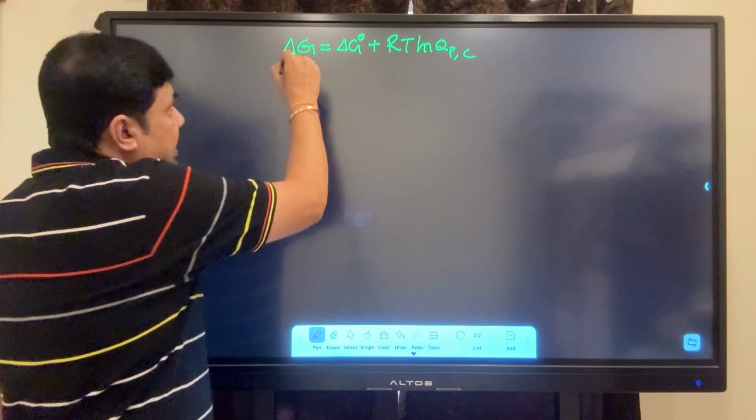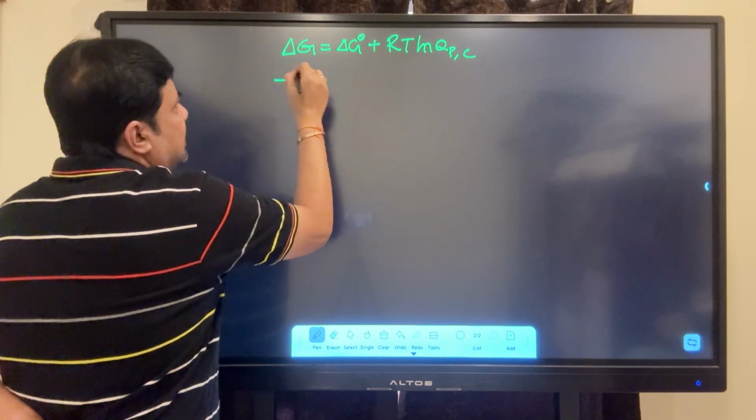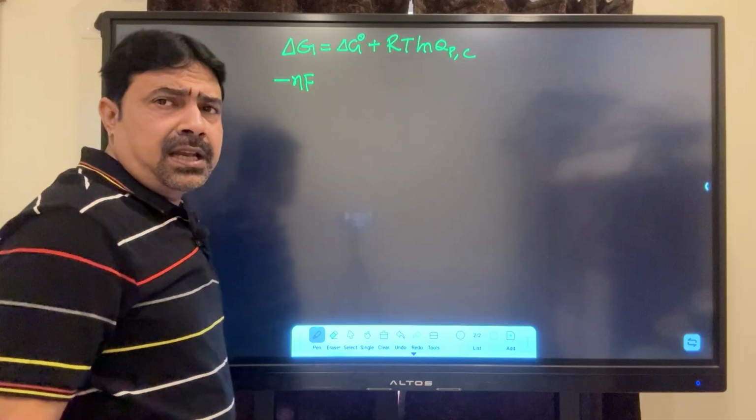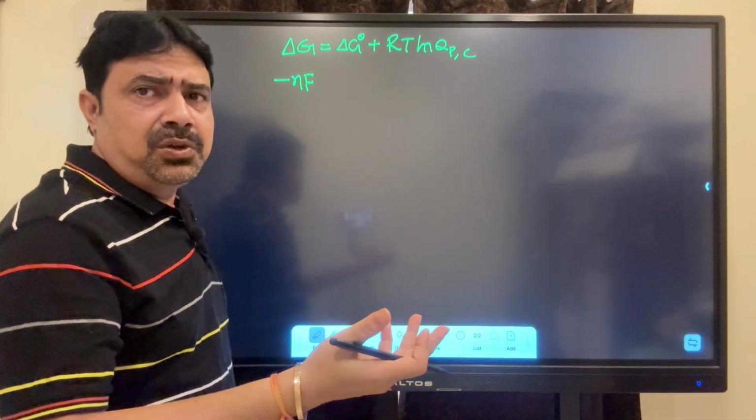Now delta G equals minus nFE in electrochemistry. Why? Because by the decrease of Gibbs free energy, the only available form of energy, that means electrical energy, will be available.